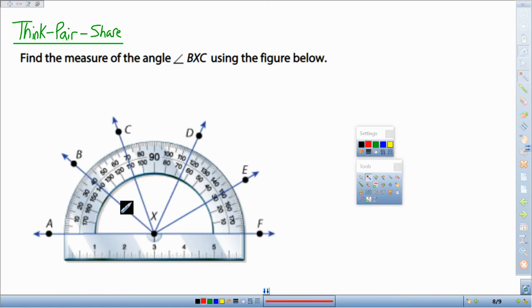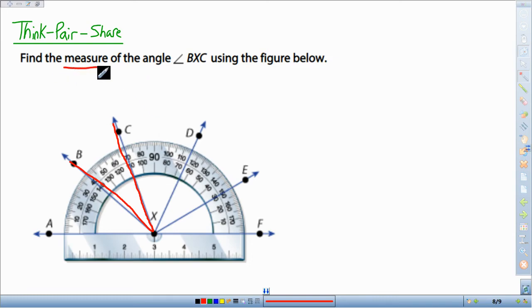Hopefully you're thinking, did I keep seeing BXC? Sorry, BXC. Starting at B, going around X to C. That's the angle we're talking about. That is angle BXC. They want us to find the measure of this angle. Here's what I notice.